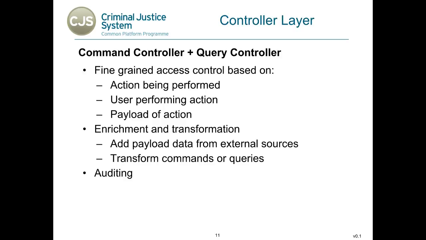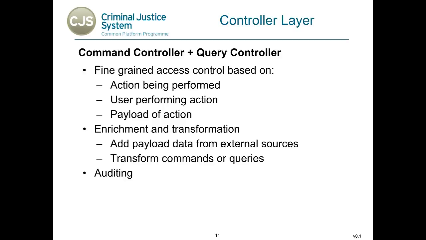The next responsibility is enrichment and transformation of the incoming messages. So for example, incoming commands might need additional information added to the payload that needs to come from another context or another service, for example.